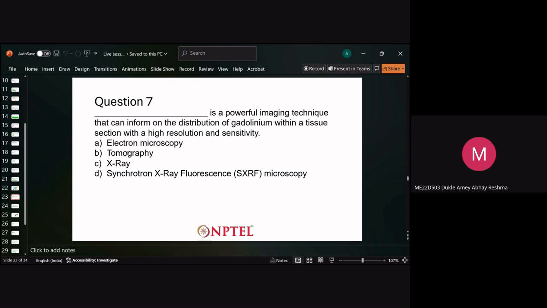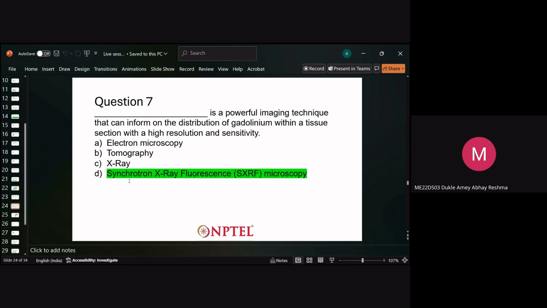So even if you don't know what SXRF is, what you have to understand is gadolinium is basically used for fluorescence. It is a contrasting agent that is used in biomedical applications. So obviously, when it is a contrasting agent, you will focus on the fluorescence.